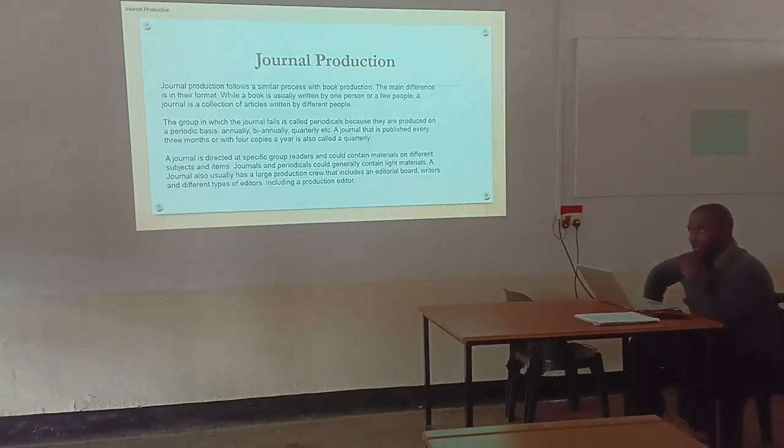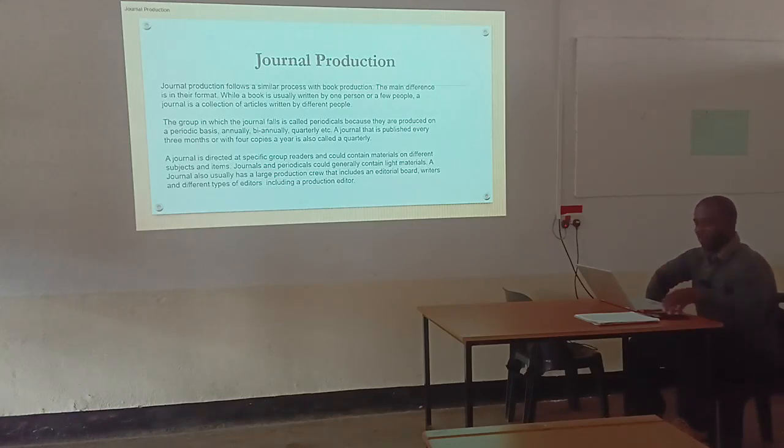Usually books are written by one person or two people, three, few people. While in a journal, usually you will have articles written by so many people in one collection.